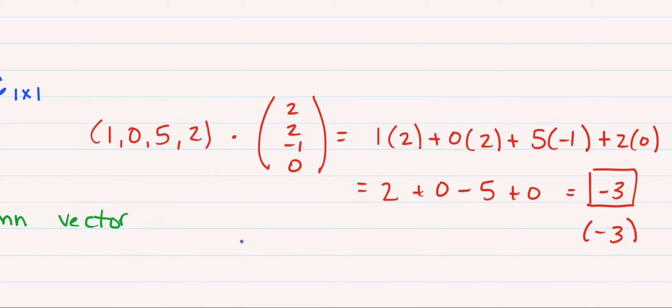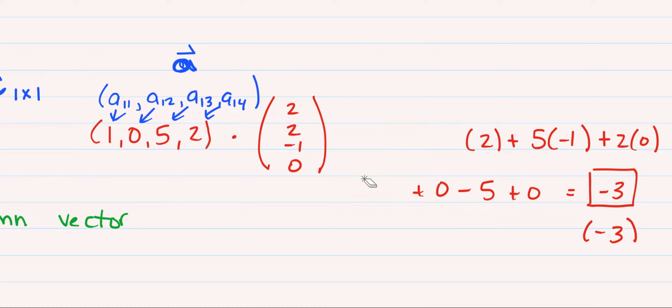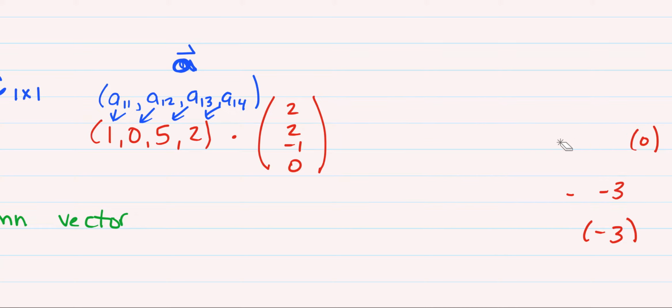So notice I took this as the entries A11, A12, A13, A14, because we called this the row vector A. This is our column vector. I'm going to erase this so I can write what I want out.